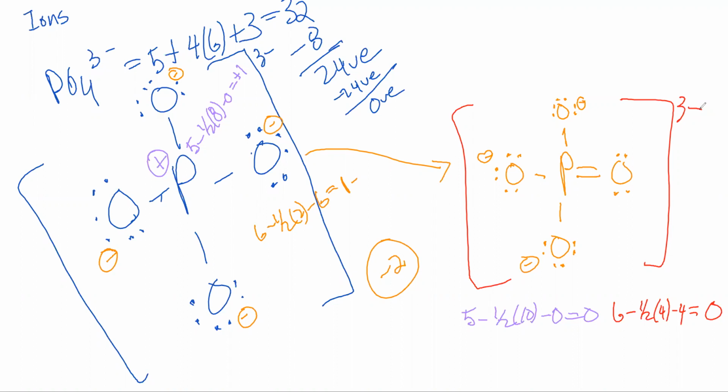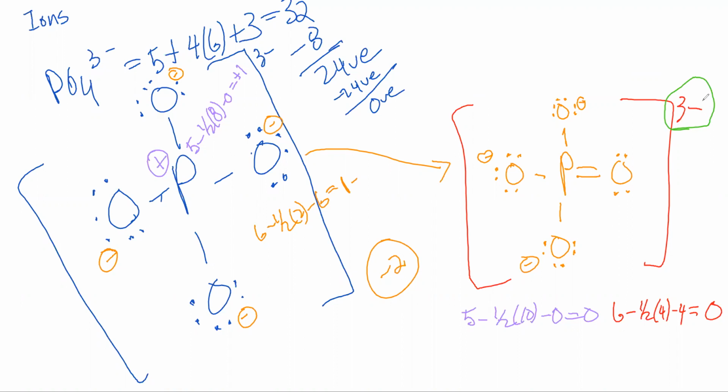Now, one thing to check for your ions is that your formal charges and your ion charge should match. If you have an ion with a charge up here, but you have no formal charges on the inside, then something's not right. You don't have the right number of electrons, or one of your formal charges wasn't calculated correctly.